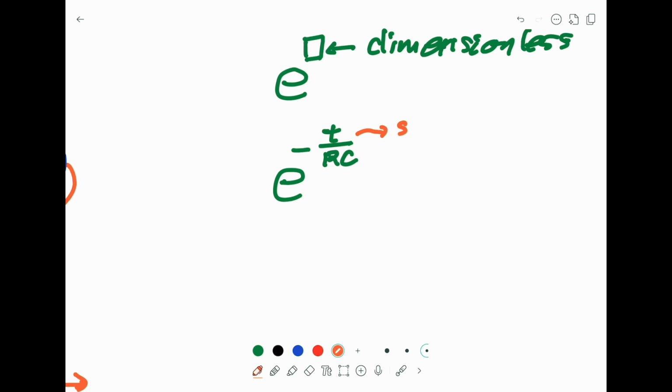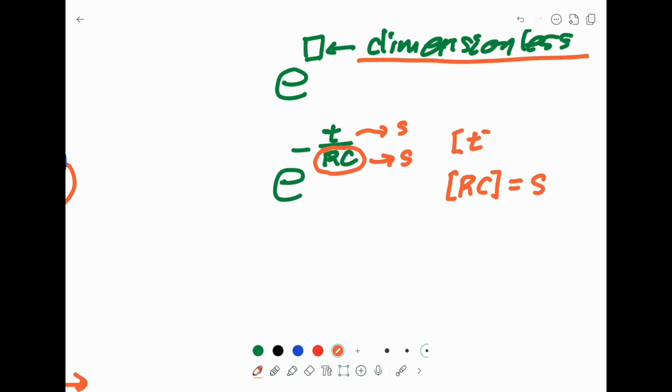So in order to be dimensionless, the numerator is seconds, so the unit of the denominator must also be seconds, so they cancel out. So we can argue the unit of RC, when I put the bracket I mean the unit of RC, must equal seconds, because the unit of t is seconds. So when divided, they are dimensionless.